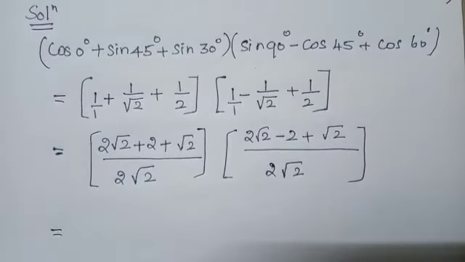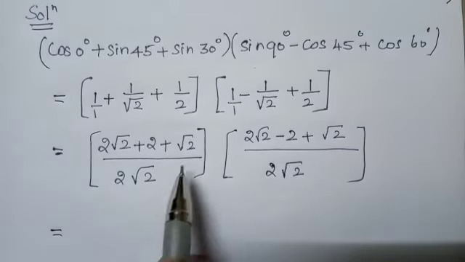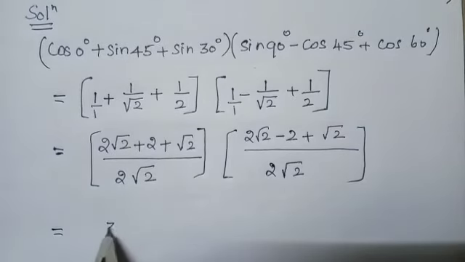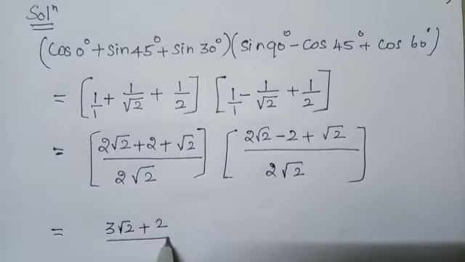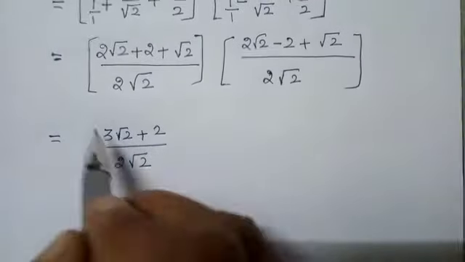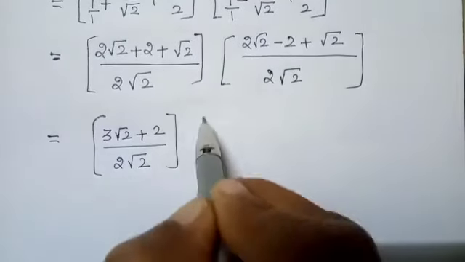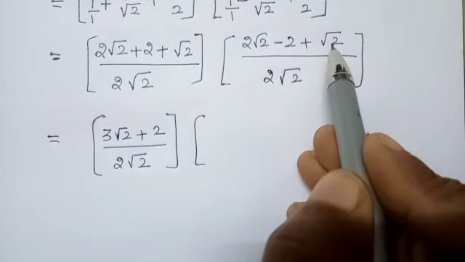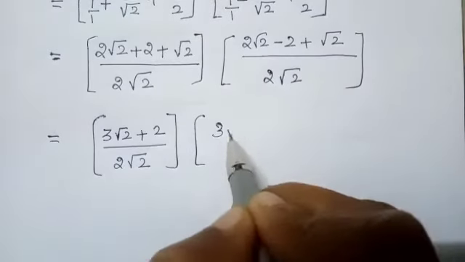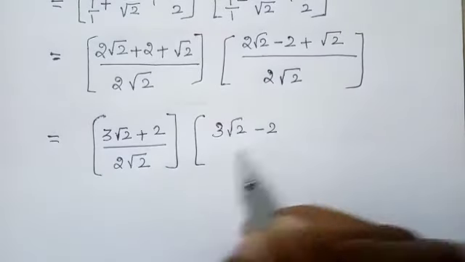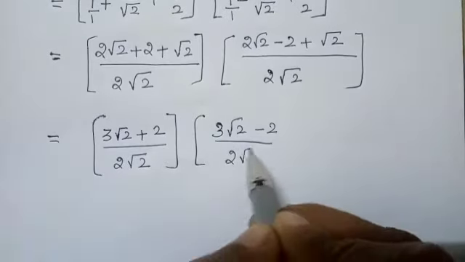Which is equal to 2 root 2 plus root 2, 3 root 2 plus 2 divided by 2 root 2, into 2 root 2 plus root 2, 3 root 2 minus 2 divided by 2 root 2.